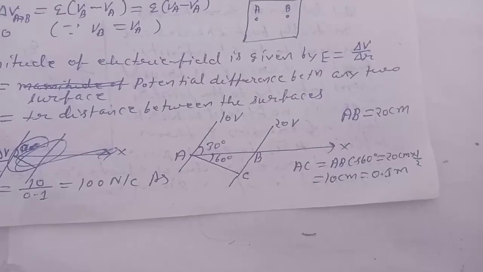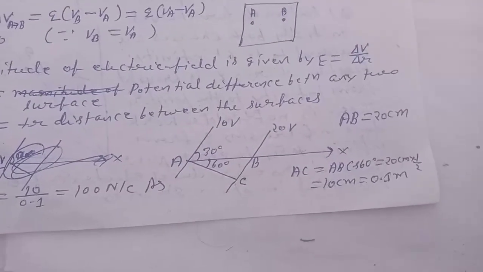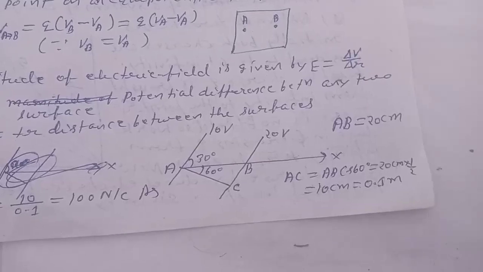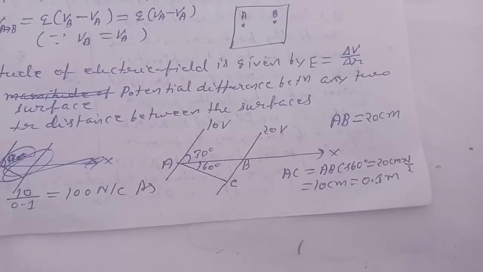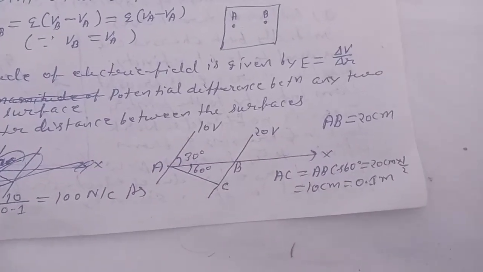In this figure it is shown AB equals 20 cm and AC equals AB cos 60, which equals 20 cm into 1 by 2, equals 10 cm, equals 0.1 meter.